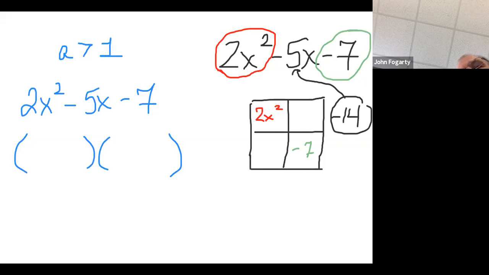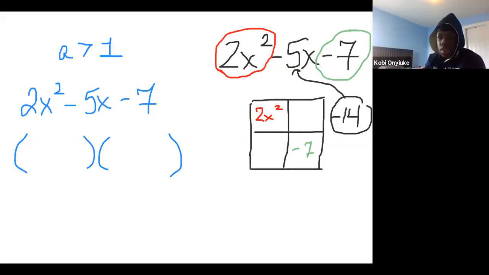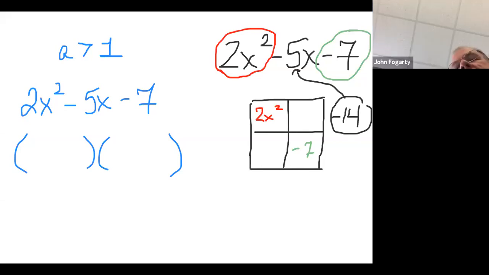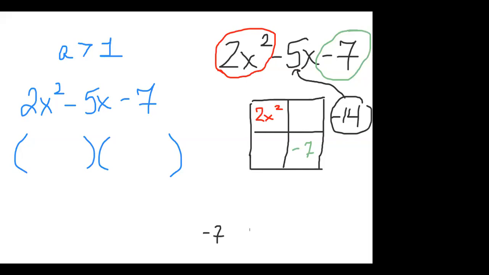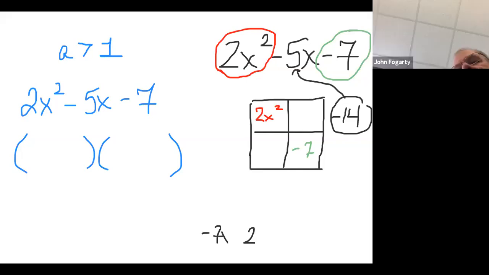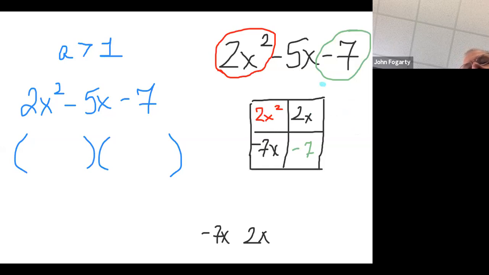Negative 7 and positive 2. And then all you gotta do is put an X at the end of them. And then you can put them in here and here. And guess what? It doesn't matter which one you put where. All righty? So far, so good? We're all following? Yes, sir.